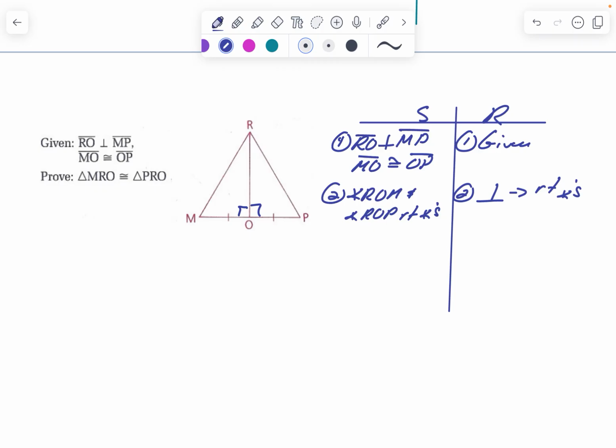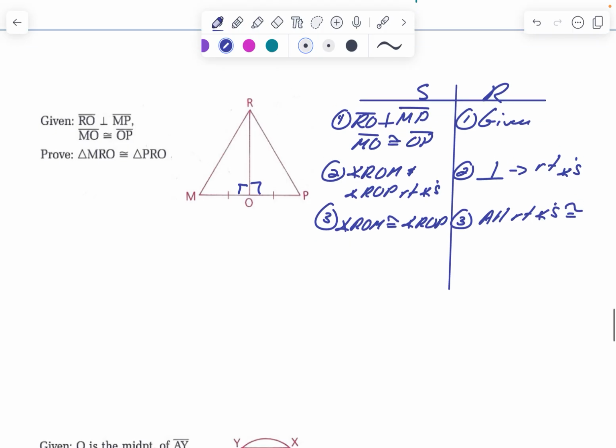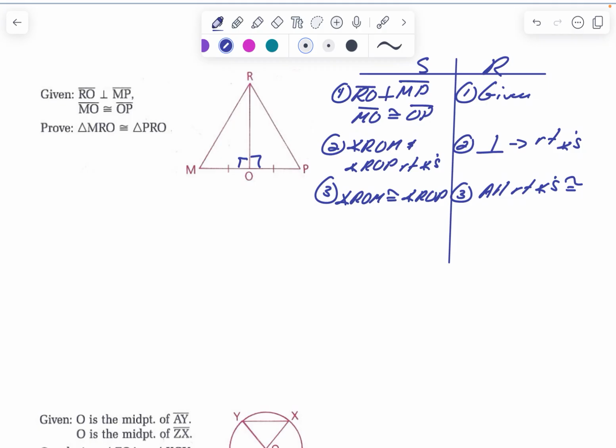And this is where you have to be particular. We can't just say they're congruent. Once we say they're both right angles, now we can say angle ROM congruent to angle ROP, and that is all right angles are congruent. So now we have the angles are congruent, those sides are congruent.